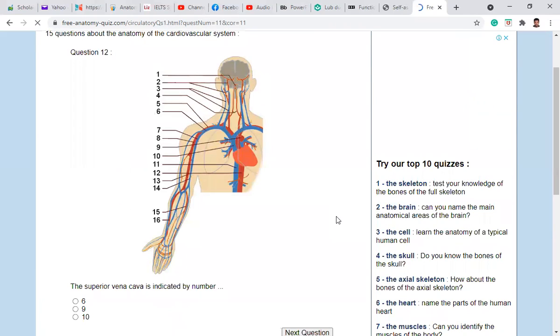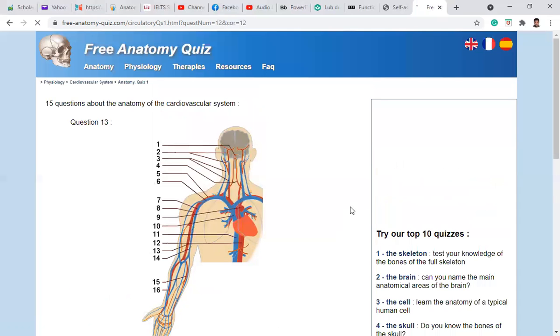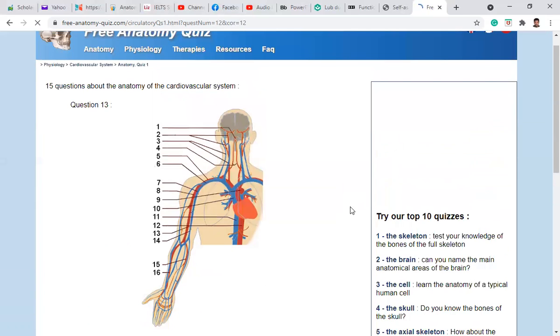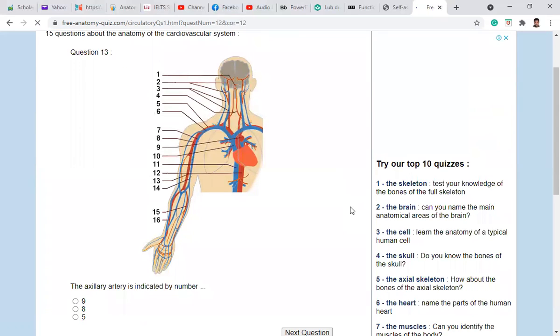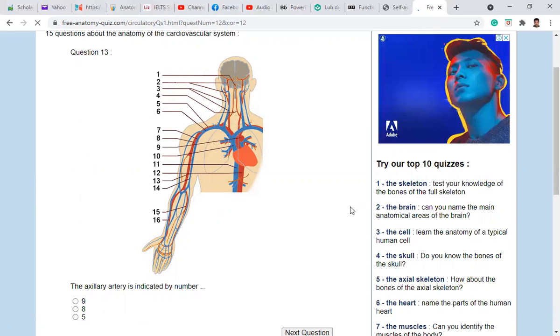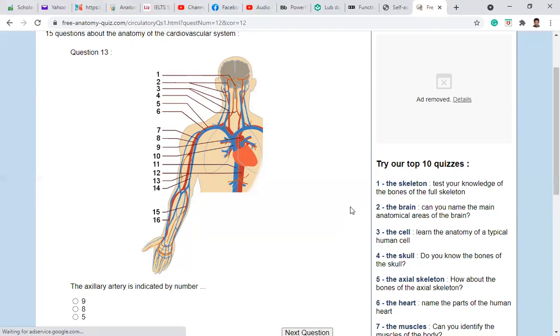This is number 10. Axillary artery is 8. Yeah.